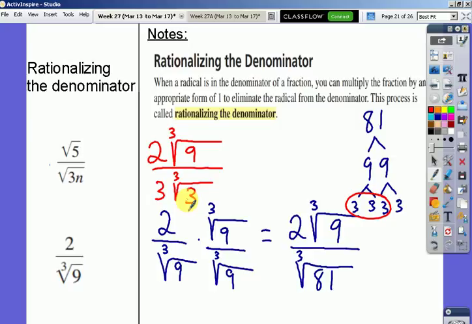I have to leave the cube root of 9 so I can cancel stuff out. Okay, so what that means instead is I can't have it in this form.